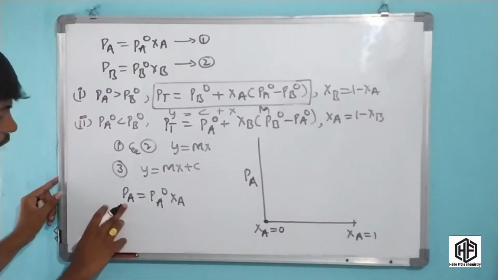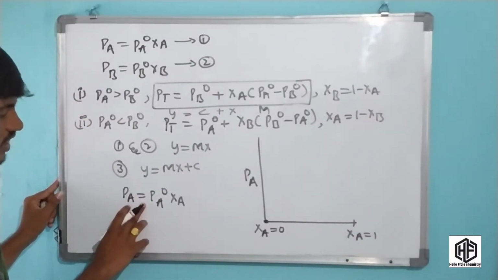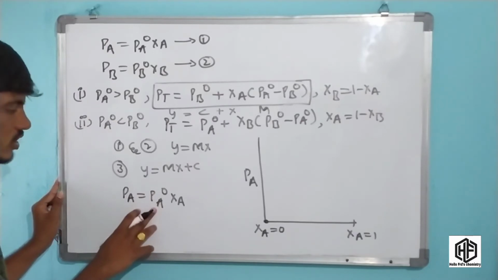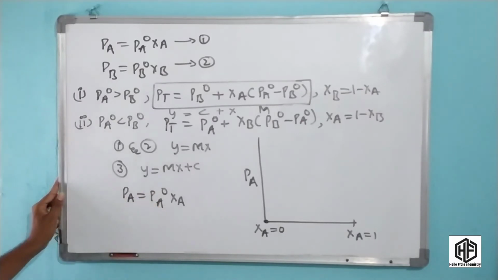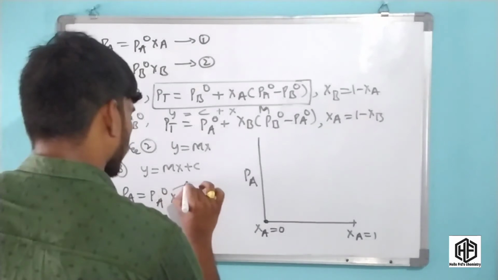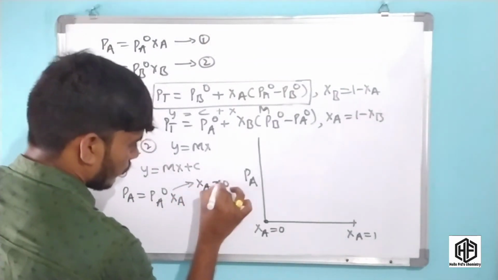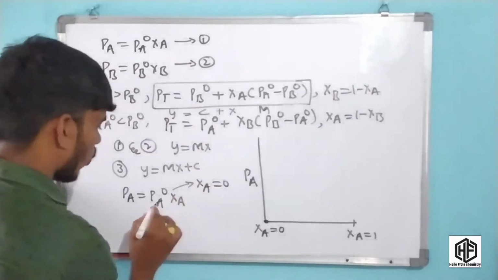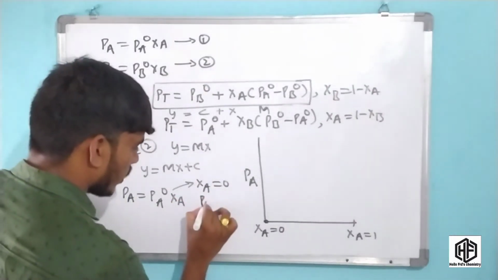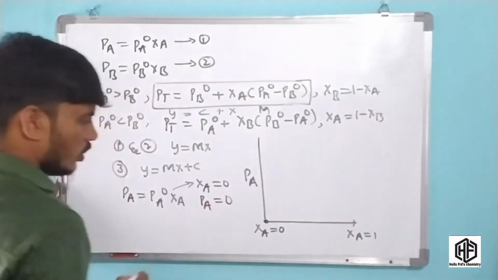Okay, friends, the partial pressure of A is equal to the pure vapor pressure of A into the mole fraction. Now there are two important conditions. First condition: the zeta A value is 0, the mole fraction value is 0. Then the partial pressure PA value is 0.